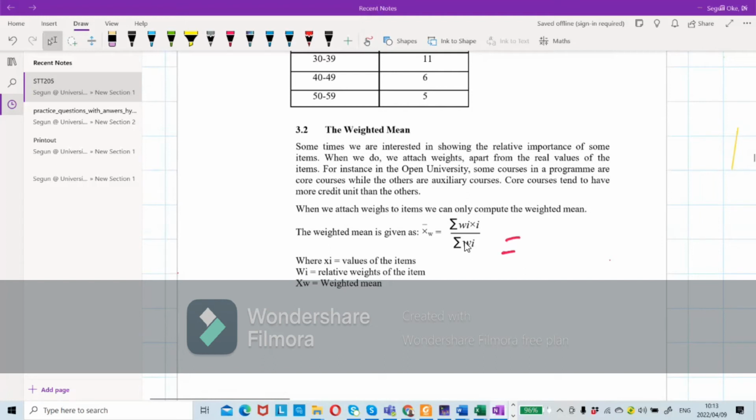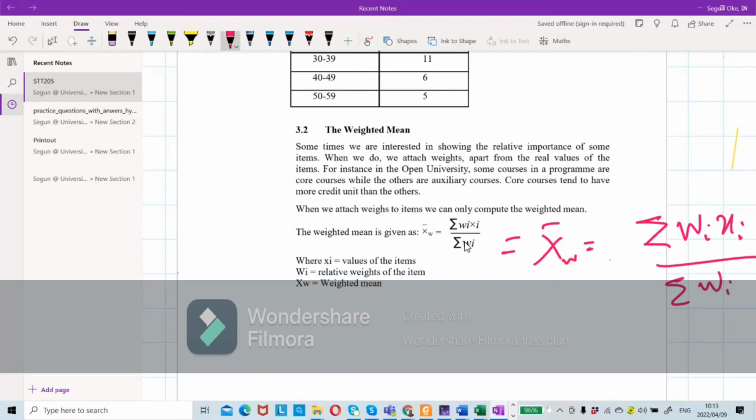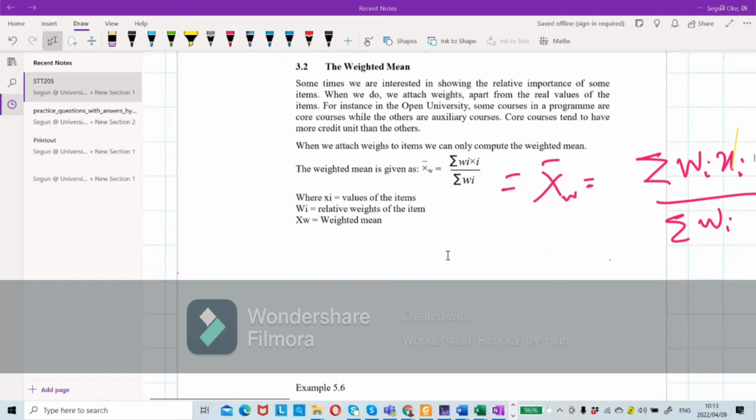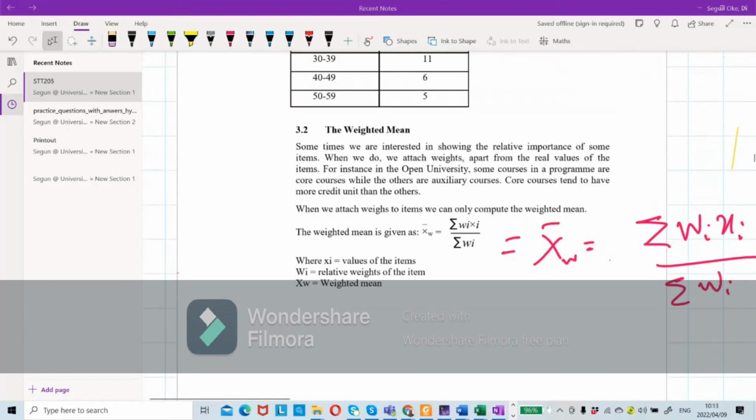The formula says X bar weighted is equal to the summation of weight i times X i, all over the summation of weights i. They are very simple. We know X i is the value of the items.